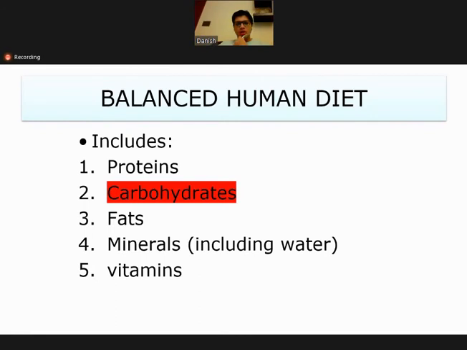To start with, the balanced human diet includes all the major macromolecules, the proteins, carbohydrates, fats, and the micronutrients like minerals and vitamins. As we are going to discuss carbohydrates, we'll be discussing what the major components of carbohydrates are and which food items contain them.